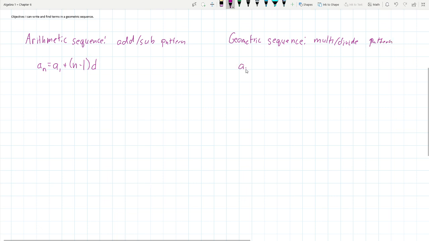And so we have a sub n equals, this is the general term, a sub 1 times r to the n minus 1. A sub 1 is our first term. R is our pattern, and it's going to be some type of multiplication, just like whenever we're doing exponential functions. And n is our term number.